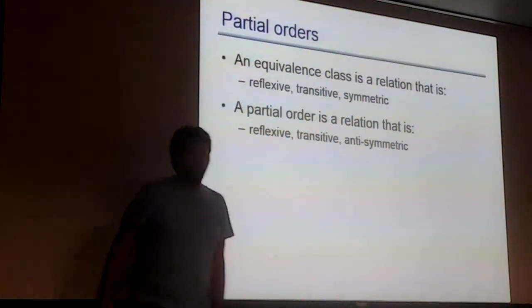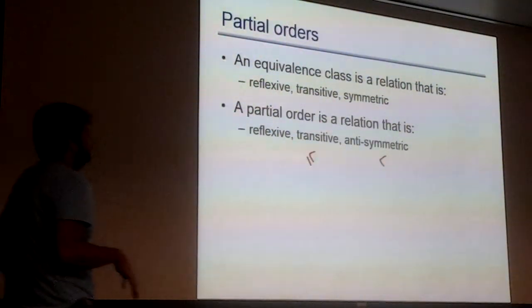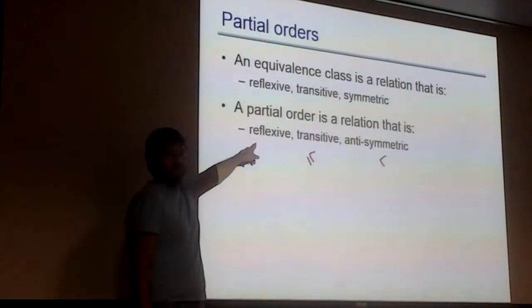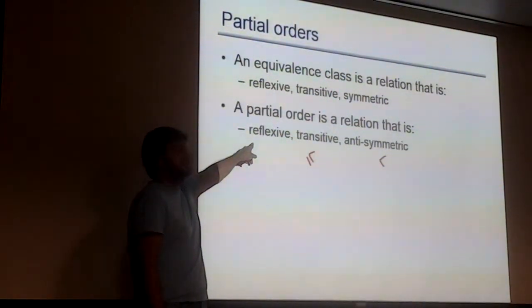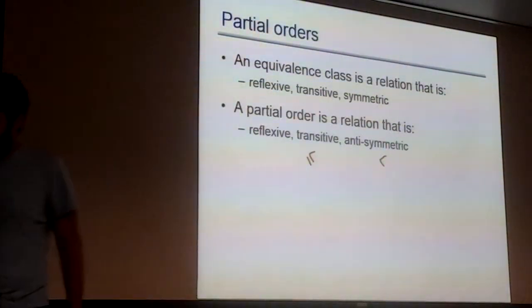Partial order. It has to be reflexive, transitive, and antisymmetric. An example? Less than equals. What was antisymmetric again? Let's talk about it in a second. Let's try less than: it is not reflexive, so that's definitely not.